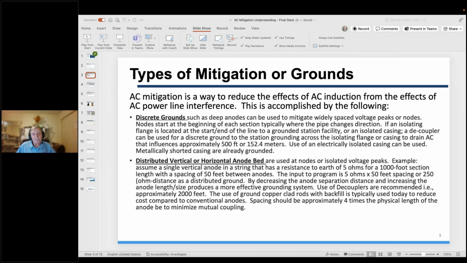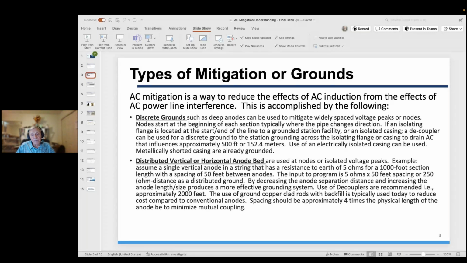So for example, if we have a resistance to earth of one single anode, you could put that in there, and let's say we use 50-foot spacings over the length of the section that we're trying to protect.